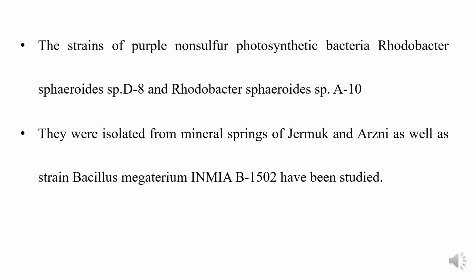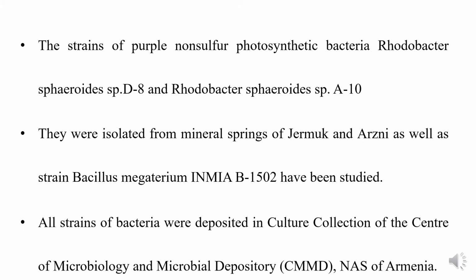In addition to that, Bacillus megaterium species has also been studied. After their identification, all these strains were deposited in the culture collection of the Center of Microbiology and Microbial Depository, NAS of Armenia.